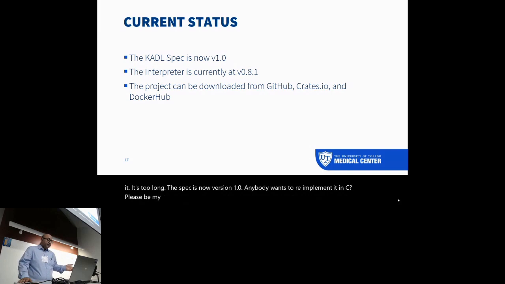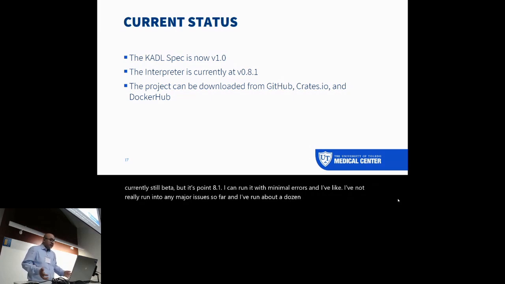The interpreter that I've been working on in Rust that works with R4 is currently still beta, but it's 0.8.1. I can run it with minimal errors, and I've not really run into any major issues so far, and I've run about a dozen reports through that.